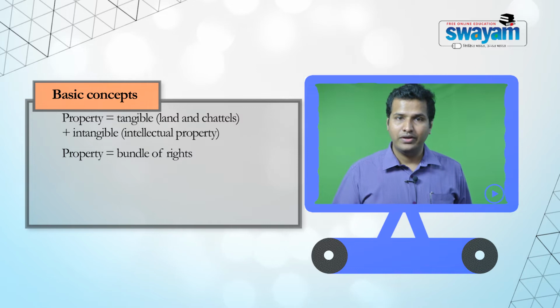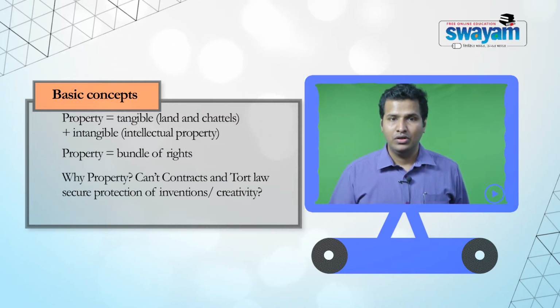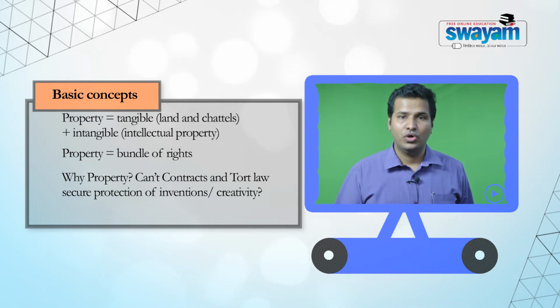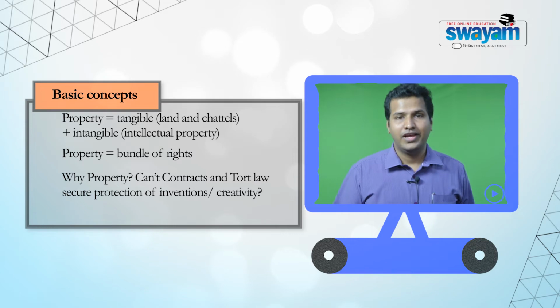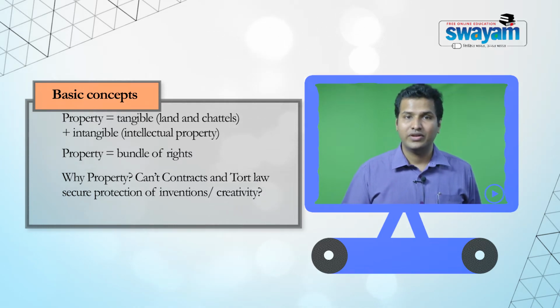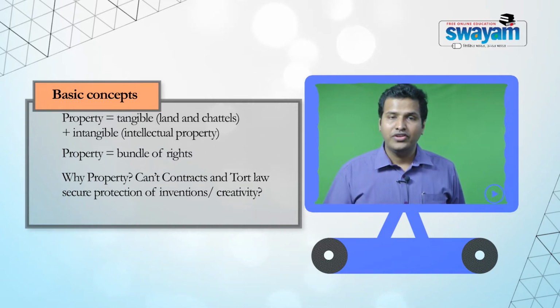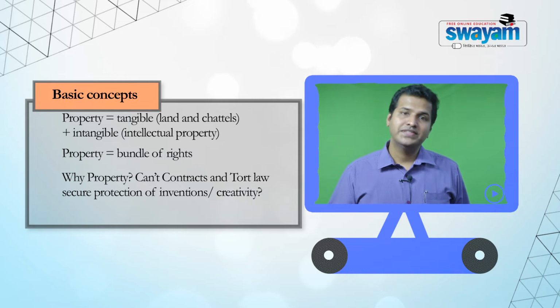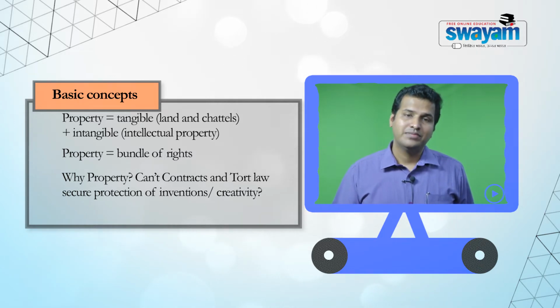But before that, why do we need property? Can't contract law, tort law or other kinds of acts that can remedy unfair competition protect or incentivize creativity or inventions? The difference between property and all these other categories of legal mechanisms has primarily to deal with the nature of remedies.